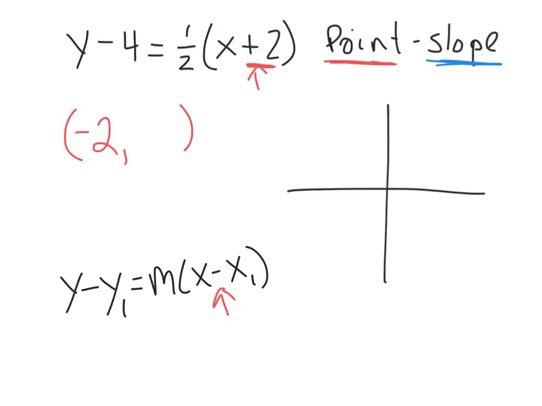Then we're going to use our negative 4 over here by y and realize that y1 will be positive 4. Next we need our slope. Our slope is going to be 1/2, since that's where the m value is, or the slope, 1/2.